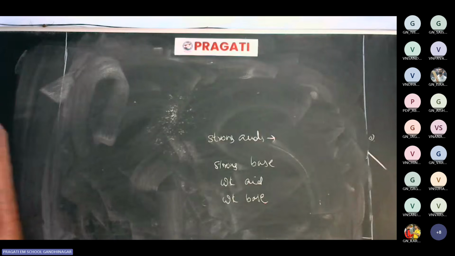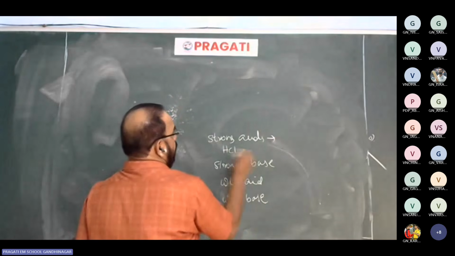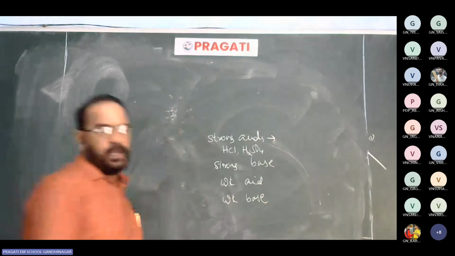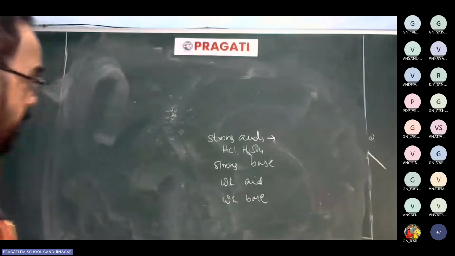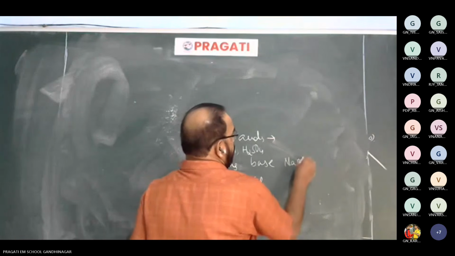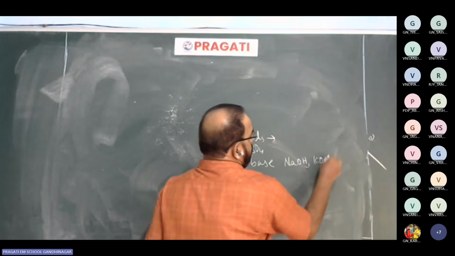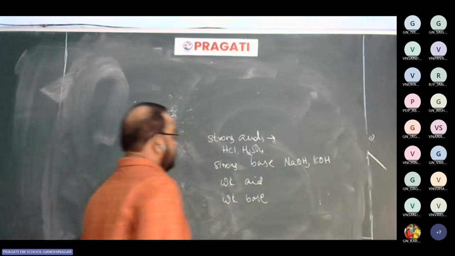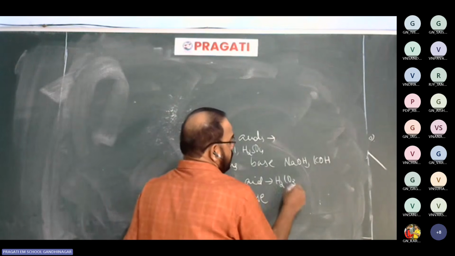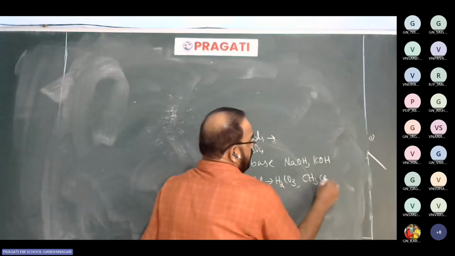Strong acid examples you can write: HCl, hydrochloric acid, sulfuric acid, two is enough; phosphoric acid, nitric acid, all are strong. Strong base: you can write NaOH, KOH, Mg(OH)2. Weak acid: carbonic acid, acetic acid.